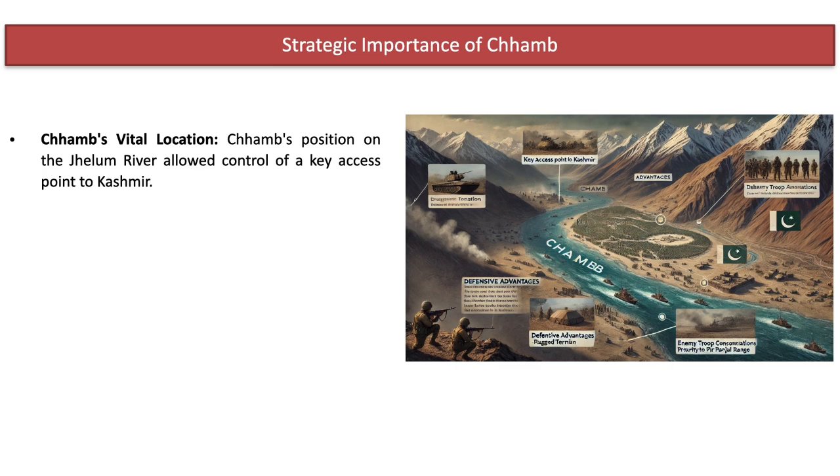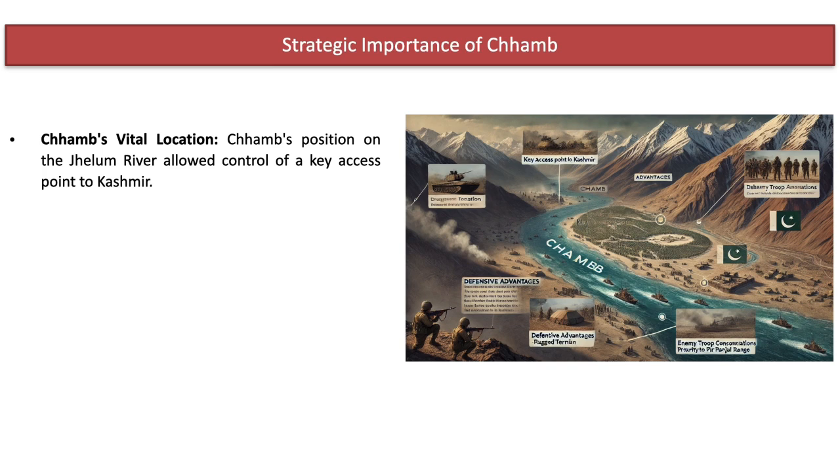If Chamb fell into the hands of the enemy, it would have compromised the entire defensive position in Jammu and Kashmir. The control over this area was not just a tactical advantage but a strategic imperative. It was about making sure that India could protect its newly established borders and maintain its hold over Kashmir. Imagine the stakes on the ground.